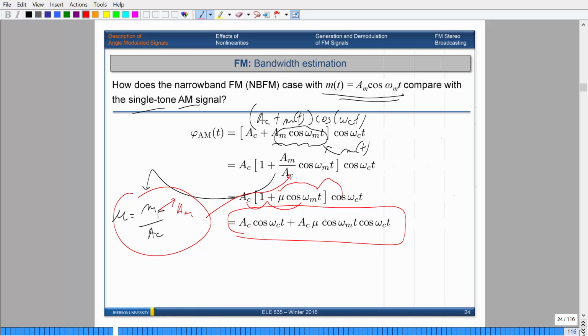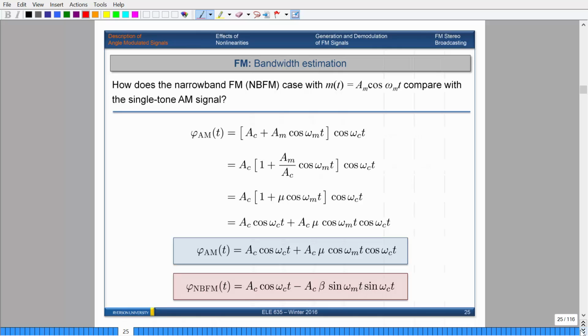Let me show you that right now. So this here is your amplitude modulated signal. This is from the previous slide, the narrowband frequency modulated signal, where the modulation index is less than 0.3. That's the threshold used to determine approximately whether or not something is narrowband. You can see that there's a carrier, and then you're adding on top a modulated periodic signal or cosine.